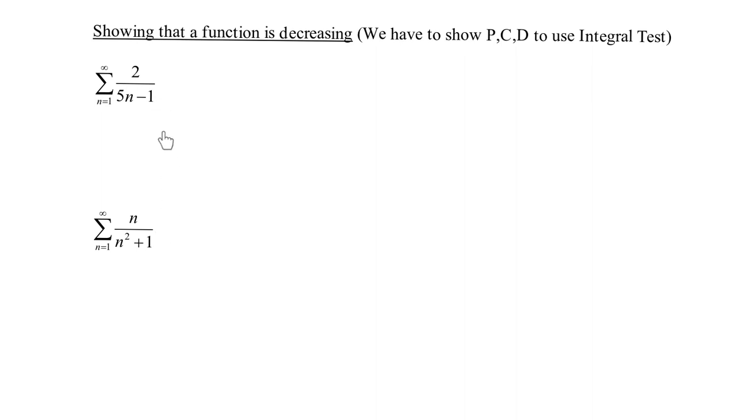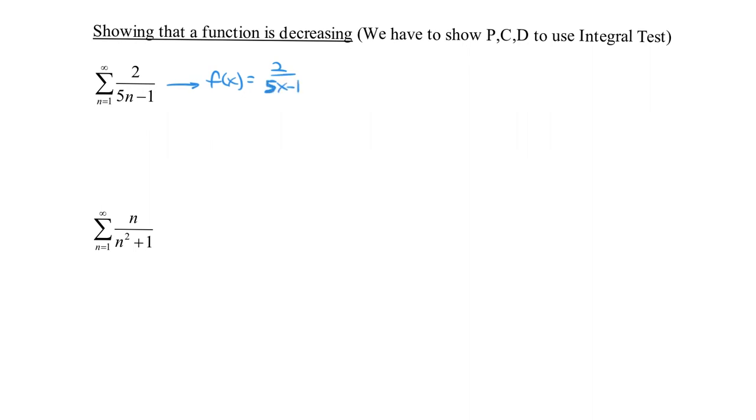These two are completely different because there's just a constant in the numerator here, but there is a variable in the numerator and the denominator here. So this one takes a little bit more work. But one like this is really nice because it's just a constant in the numerator. If we wanted to use a function here, the function that's like this one is just f of x equals 2 over 5x minus 1.